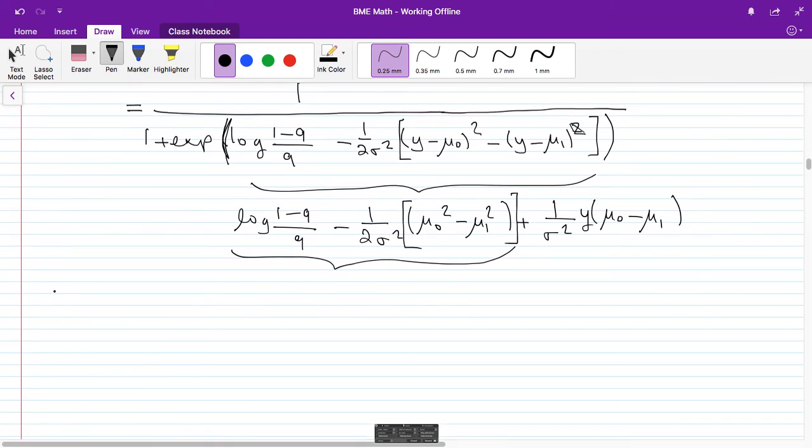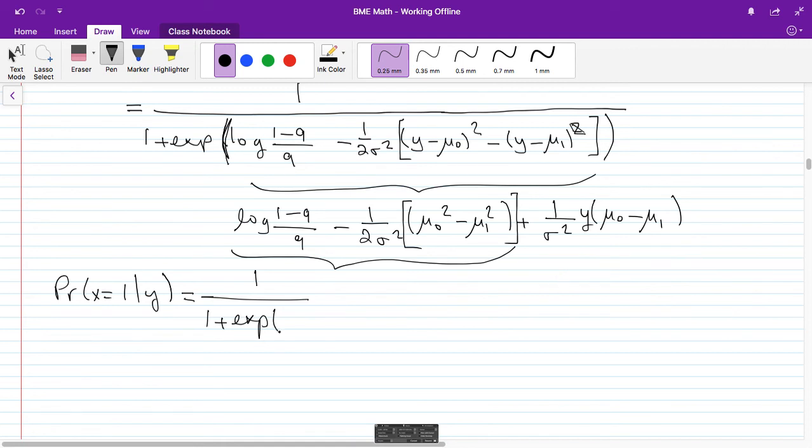And so this probability of x equal to 1 given my data is 1 over 1 plus an exponential. Inside this exponential, there's a constant term, and then there is this term that's multiplying my data.